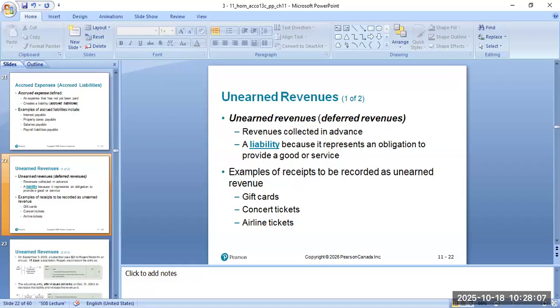And the customer may come and say, you know what, I want my money back, and we have to pay the customer the money back. So technically, until we deliver the service, for any cash that we receive from the customer, we are liable. Either we are liable to pay the cash back, or we are liable to provide the service to the client. That's why it's called a liability.